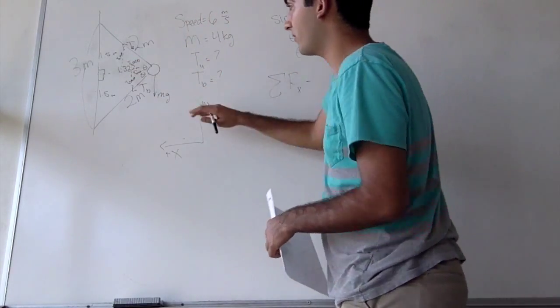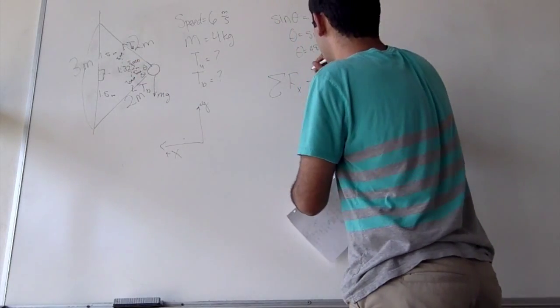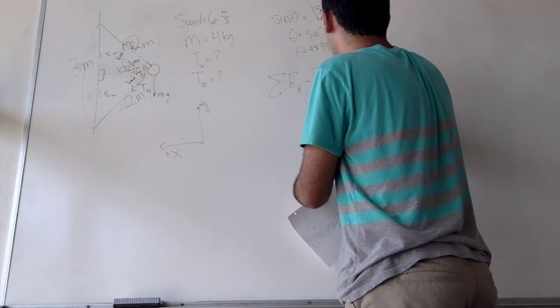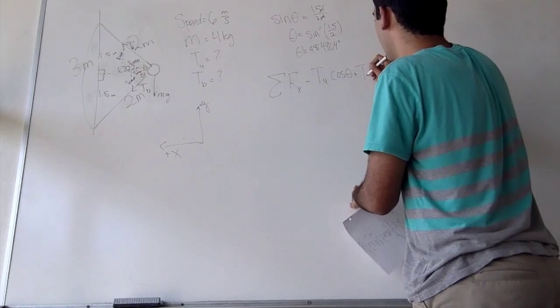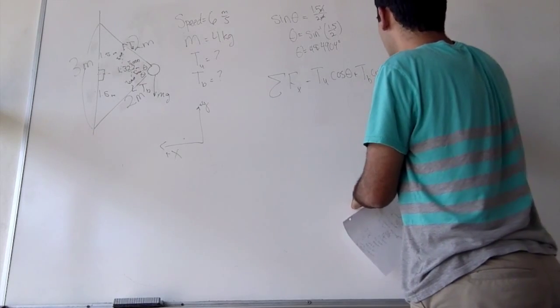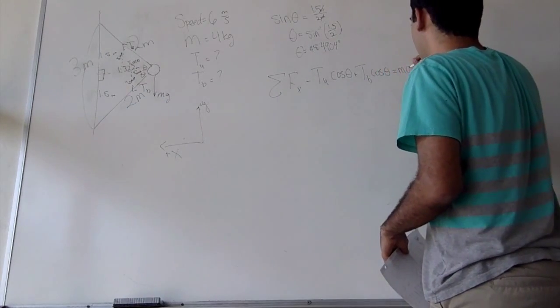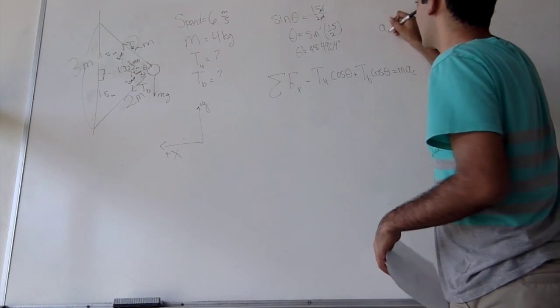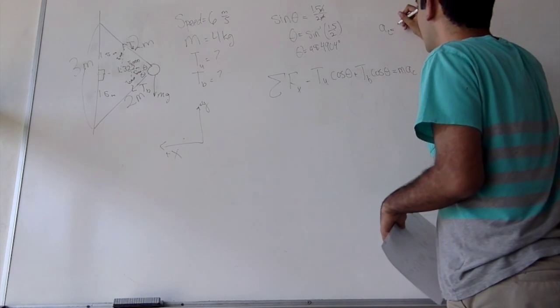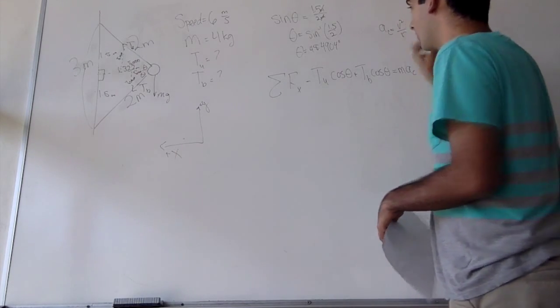Both cosine components are in the positive direction, so T upper cosine theta plus T below cosine theta is equal to m a_c, and we know centripetal acceleration is v squared over r.